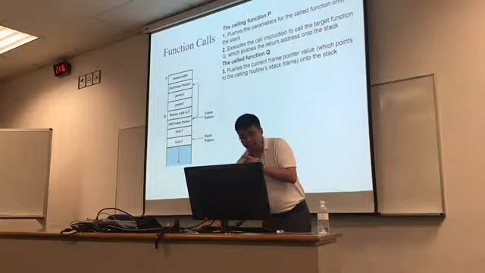And then we create this buffer to store the old frame pointer. That means we store the frame pointer of function P in this location.